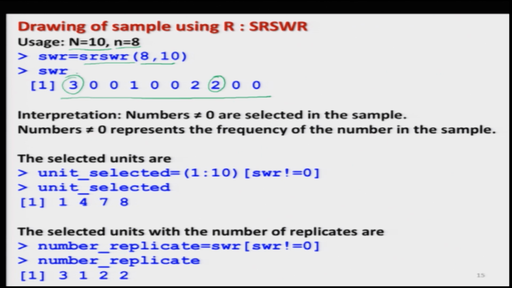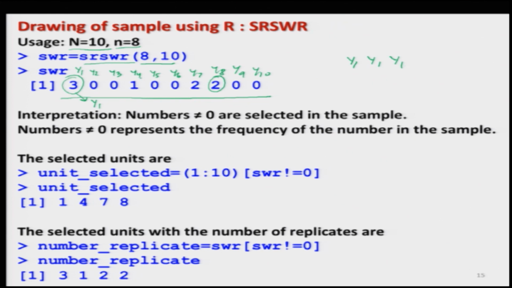The interpretation goes like this, that let me try to write down the corresponding units for these numbers. So, now you can see here when I am getting here 3, this is indicating that there are 3 values of y1 selected. So, the sample will look like y1, y1, y1.